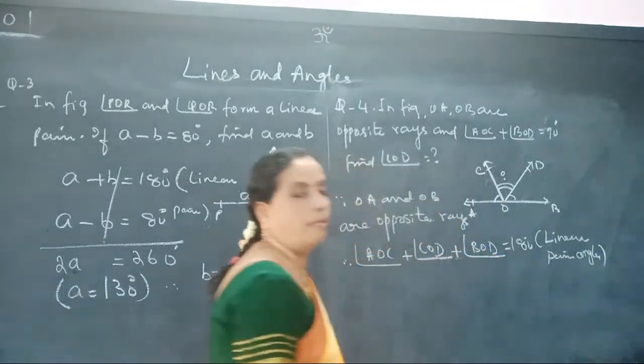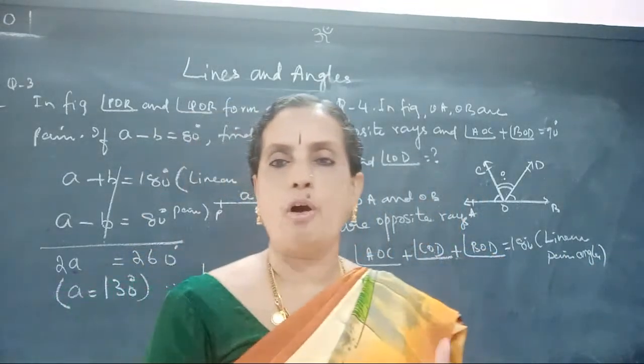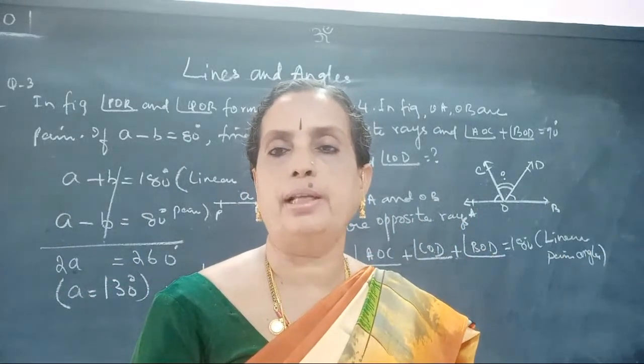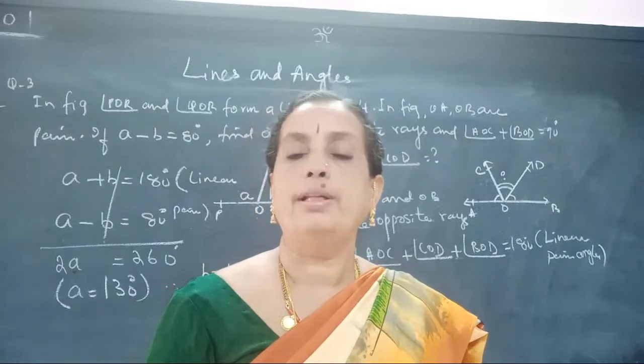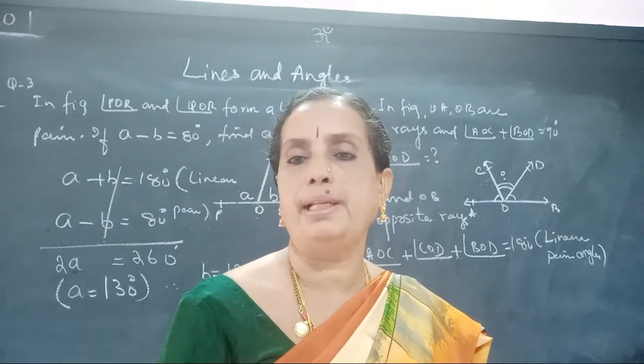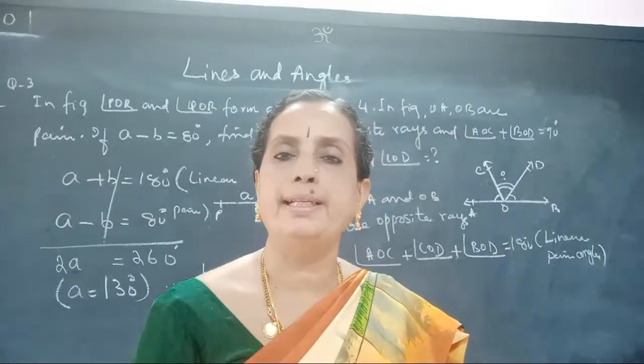That is, when the non-common arms form opposite rays, then the adjacent angles together form a linear pair. When they are a linear pair, their sum is always supplementary, that is 180 degrees.